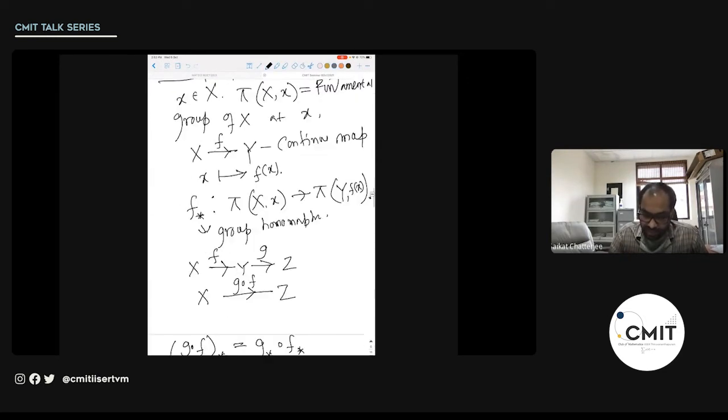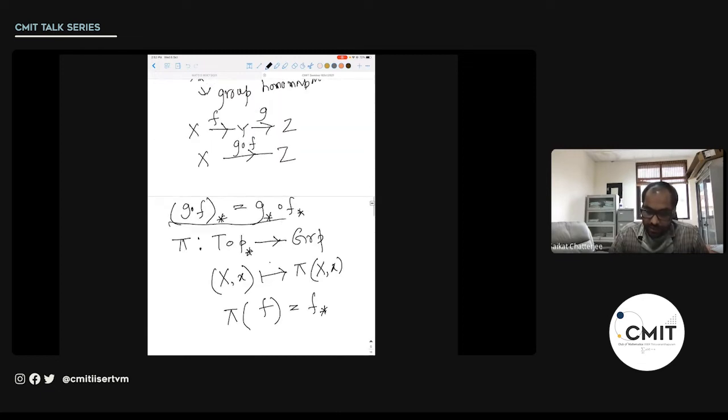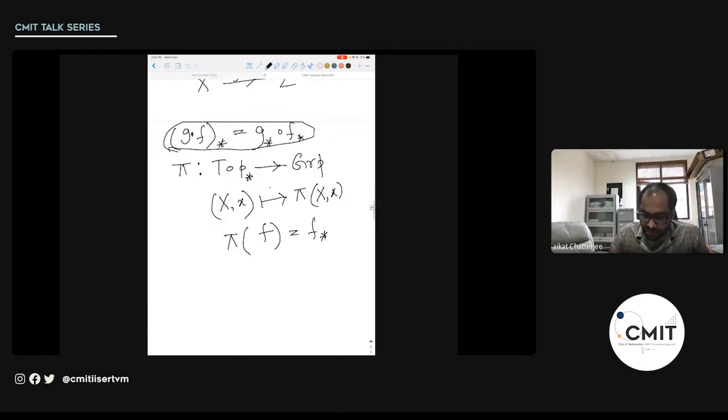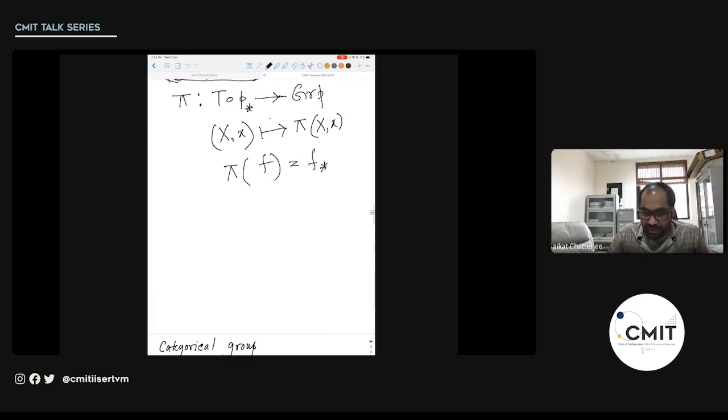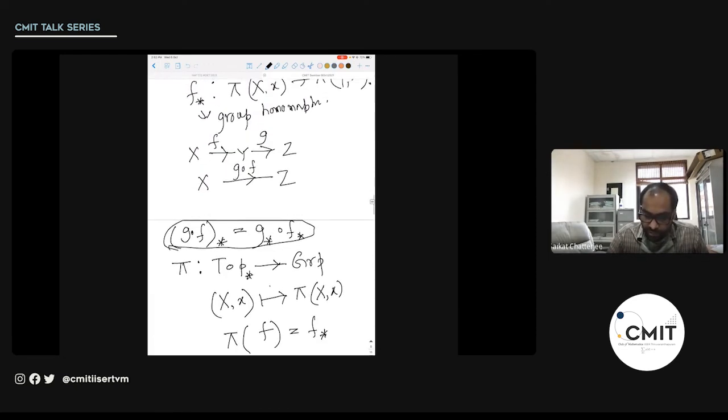That is what we are saying, that by this property you can view this as a functor. So functors also come very naturally in mathematics almost everywhere.